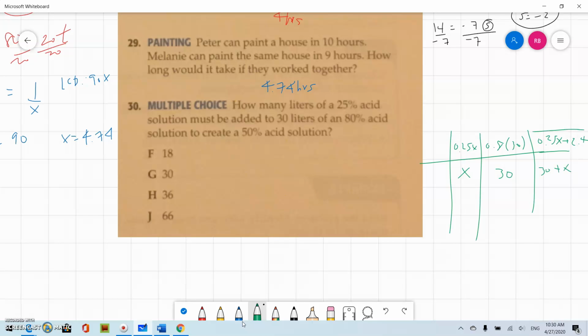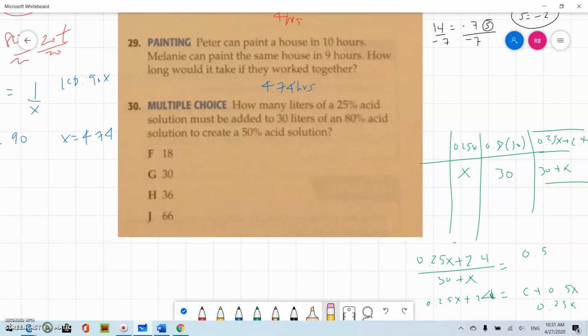So when you add together, 0.25x plus 2.4 over 30 plus x should give you 0.5, right? So we multiply both sides by 30 plus x. Give me a second.